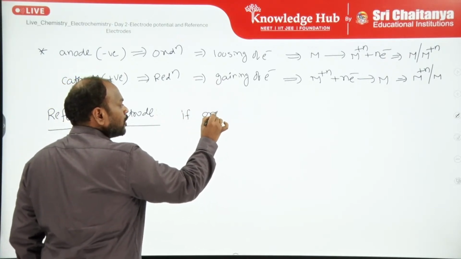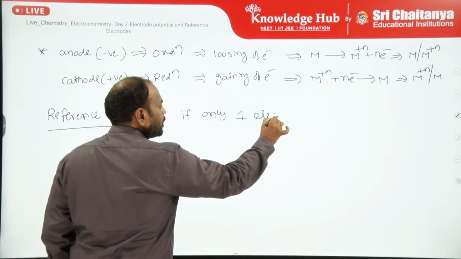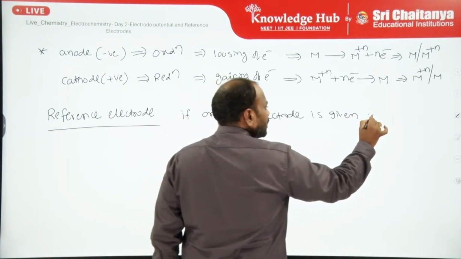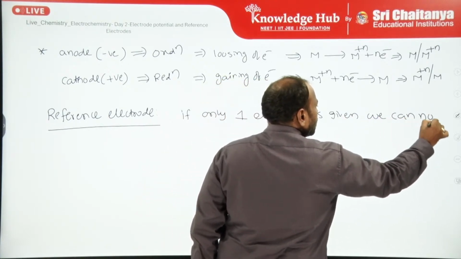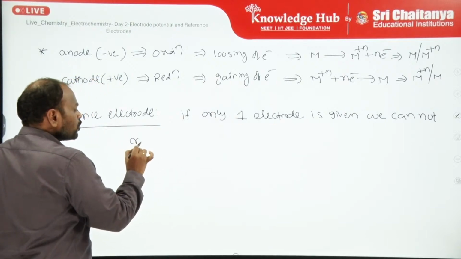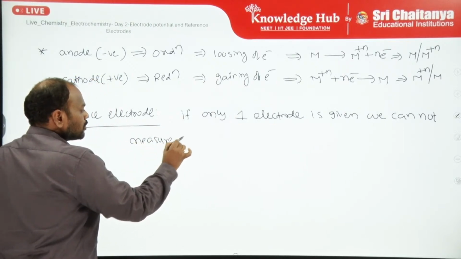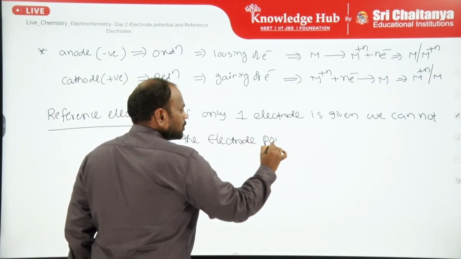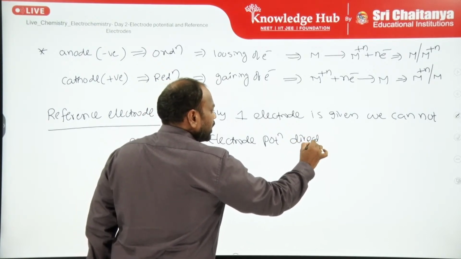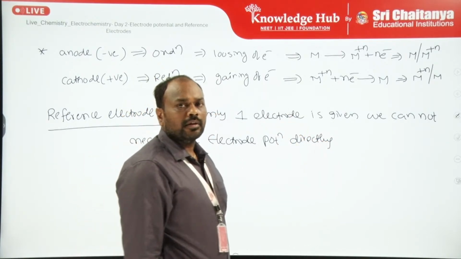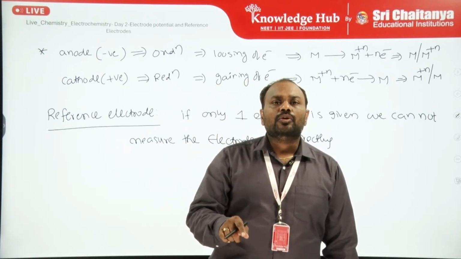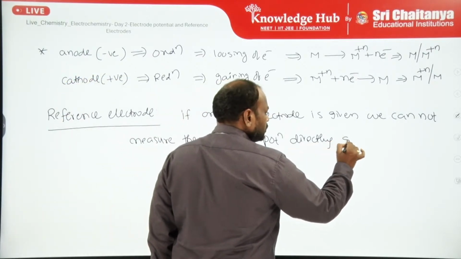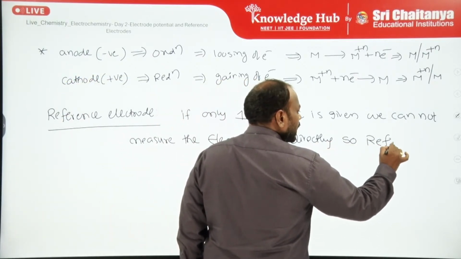If only one electrode is given, we cannot measure the electrode potential directly. So, how do you calculate the electrode potential of the cell? By using a reference electrode, we calculate the potential of the cell. So, reference electrodes are required.